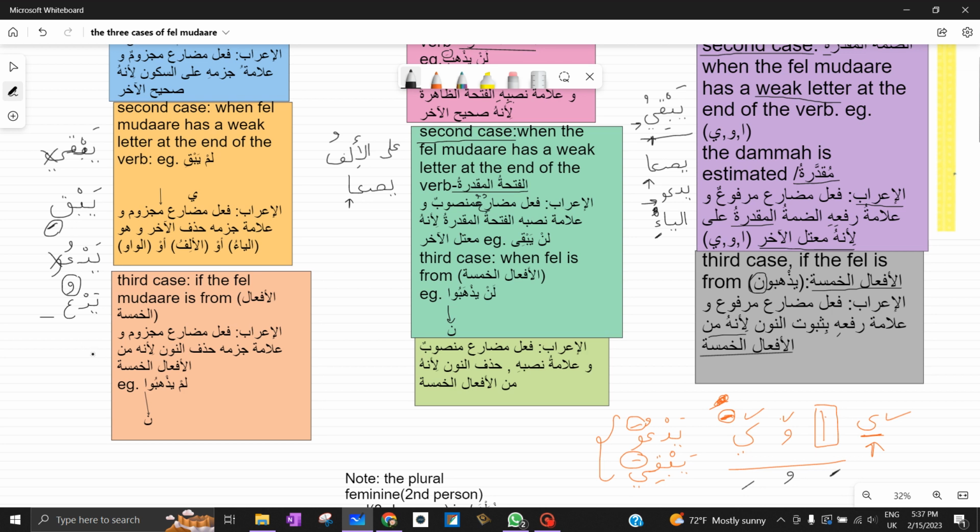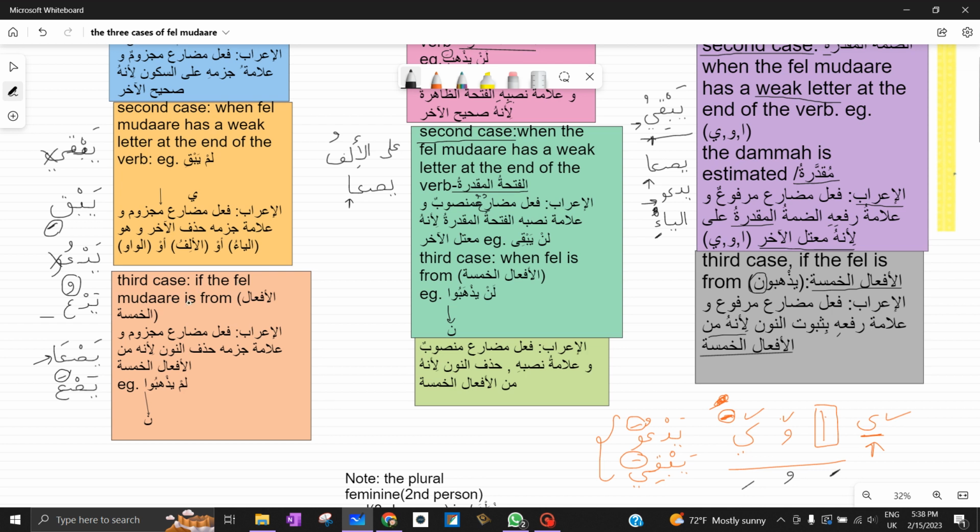And in case of yas'a, what happens? Ain will be written in full form and the fatha remains, and you will know that yes, the weak letter alif was deleted, so the representative fatha remains. That's how you will know which letter was deleted.